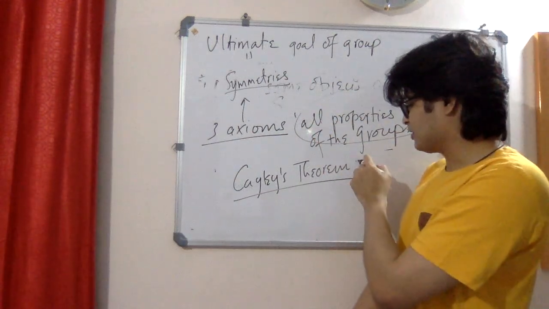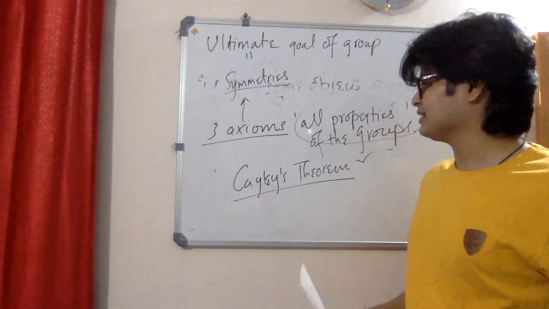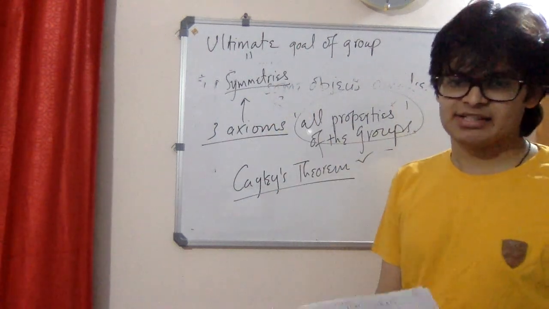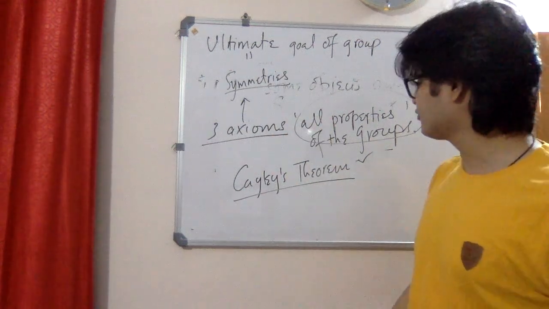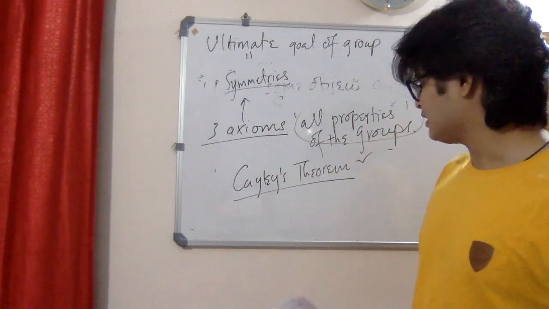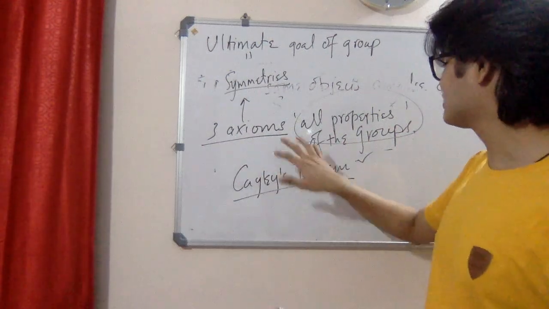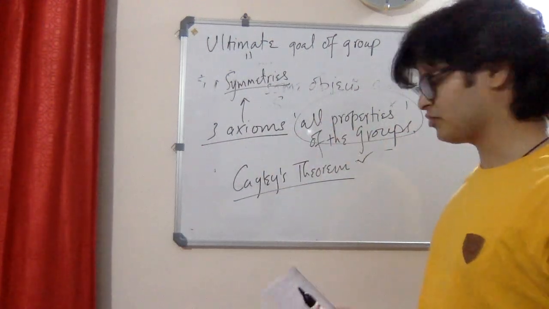Cayley's theorem actually proves this fact, that symmetries of any object form a group, and these three axioms are all the properties of the group.